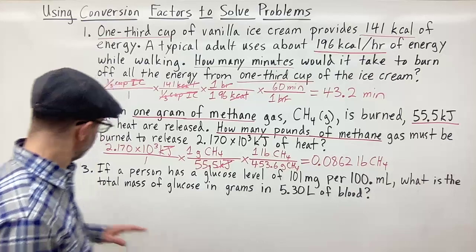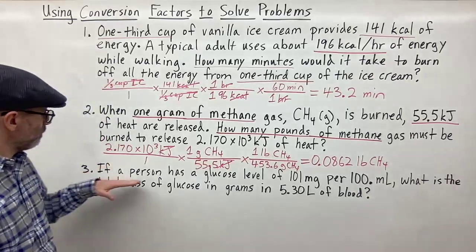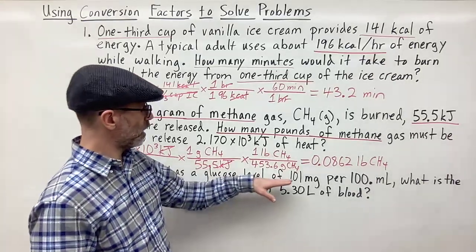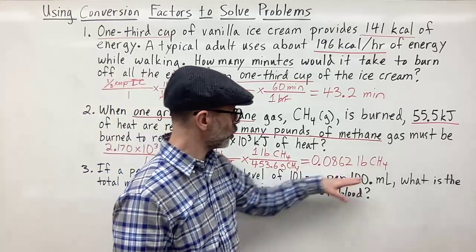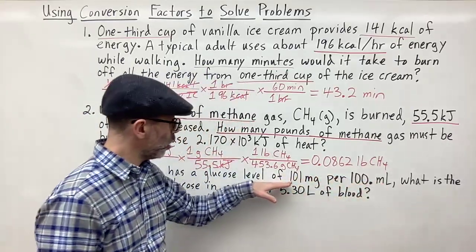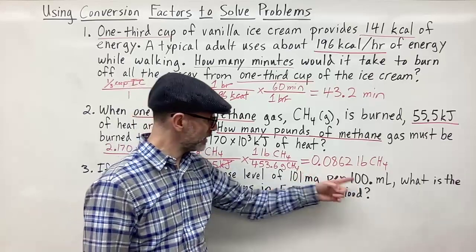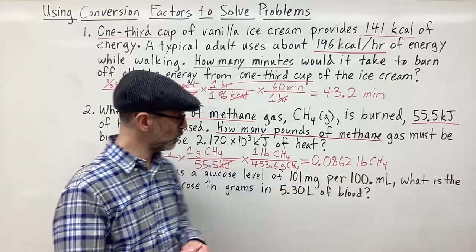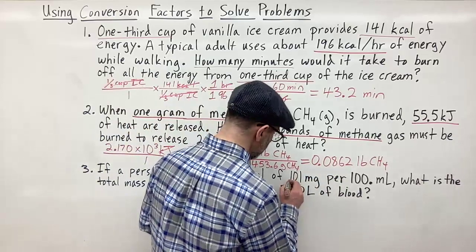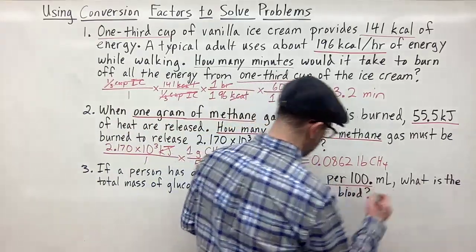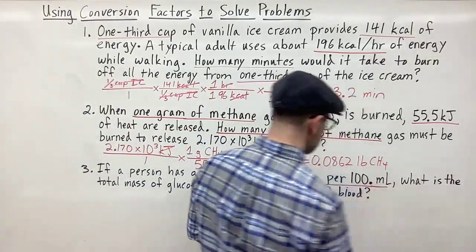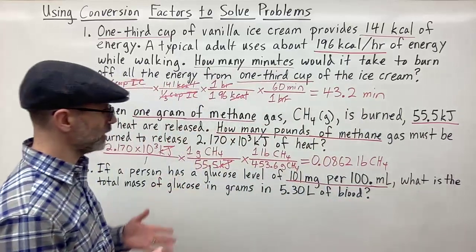Number 3, finally, if a person has a glucose level of 101 milligrams per 100 milliliters, this 101 milligrams per 100 milliliters, that is a relationship, that is a possible conversion factor. So let's underline that. Okay, that's the only conversion factor I see.